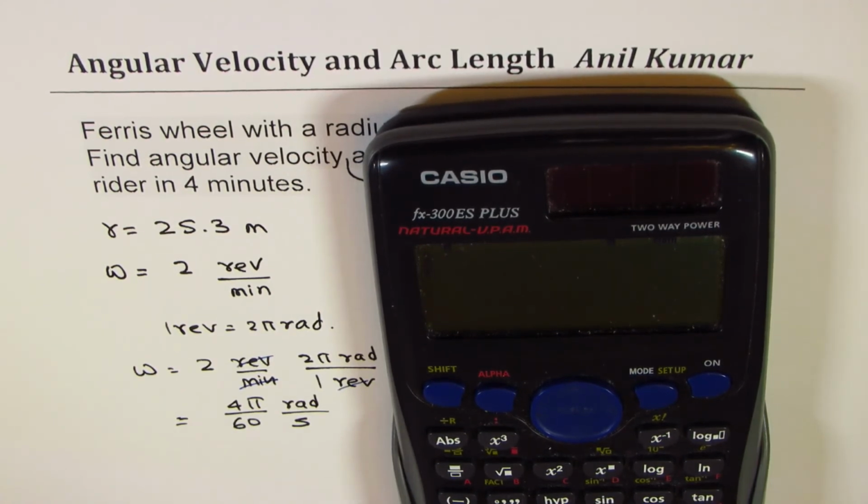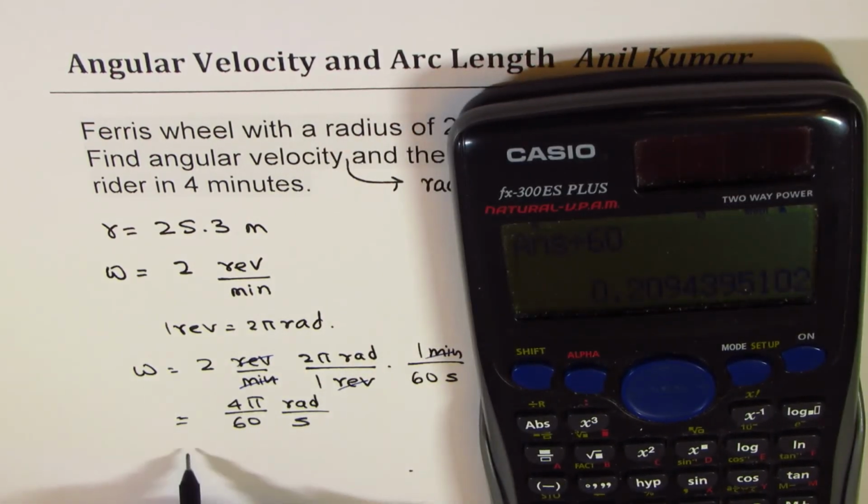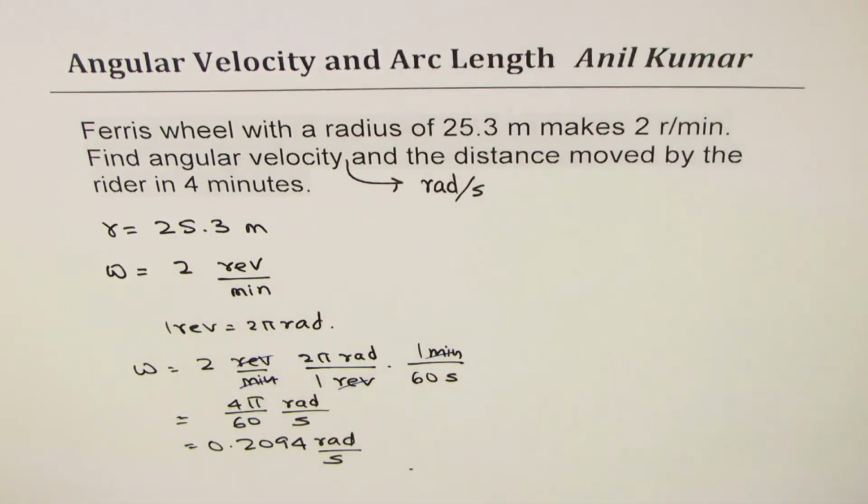So we have 4 times pi divided by 60 in decimals is 0.2094 radians per second. Okay.